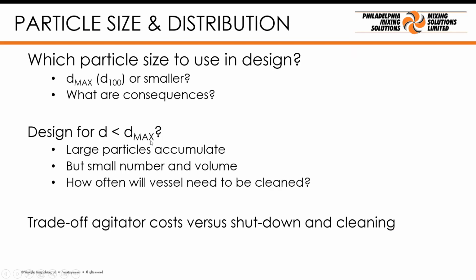So if we design for less than the maximum particle size, particles accumulate, there'll be a small number and volume, but how often will the vessel need to be cleaned? We should be able to estimate that.